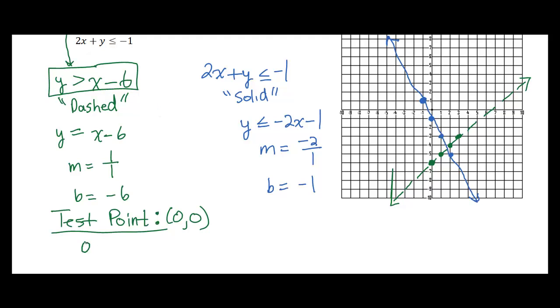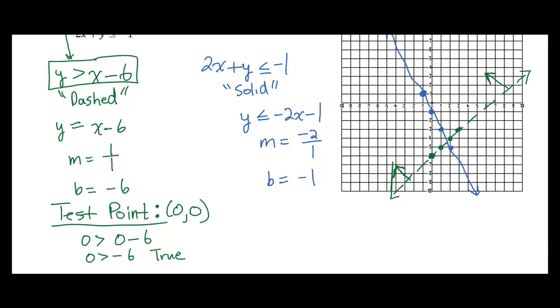So I'll get 0 is greater than 0 minus 6. And I get 0 is greater than negative 6, which is true. Okay? Instead of shading in that region, I am going to put arrows to let myself know, well, since 0, 0 is on this side of this line, what I would normally do if this was my only line would be to shade in this side of my line here. So I'm going to put arrows there to let me know that I'm shading on that side of my line.